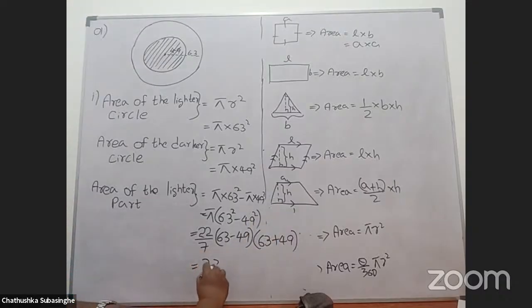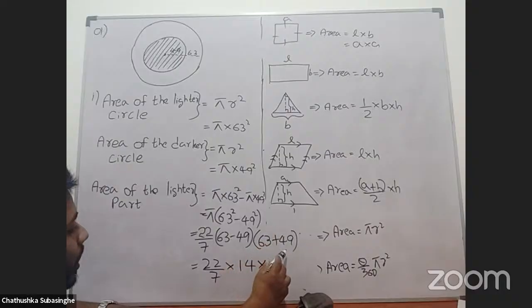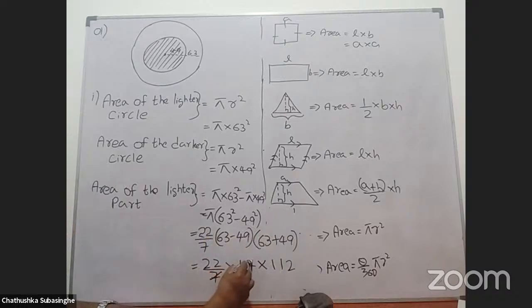Then I have 22 over 7 multiplied by 63 take away 49, so that is 14, multiplied by 63 plus 49, which is 112. So 7 times 2 and 7 times 16. I multiply 22, 2 and 112. So that gives me the answer.